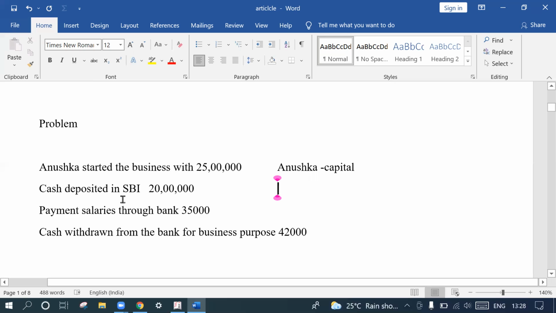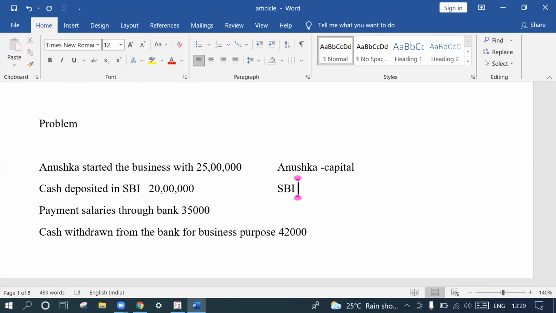Another one is SBI, which should be created as a bank account, SBI bank.